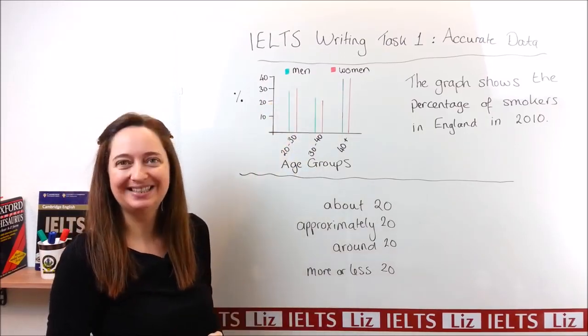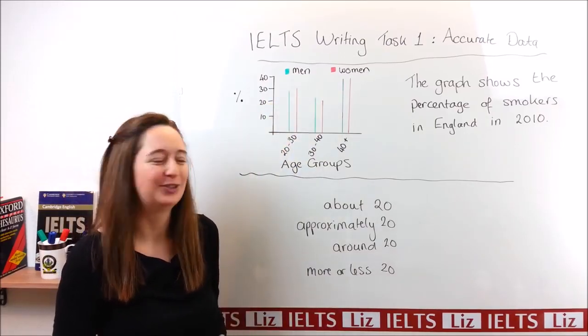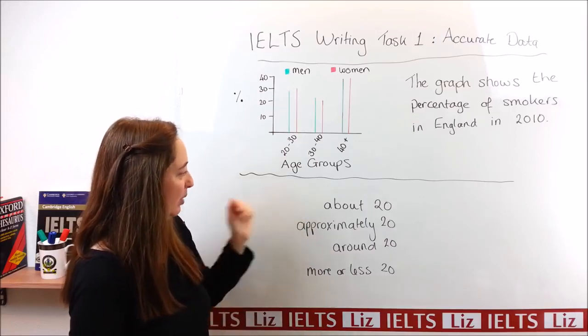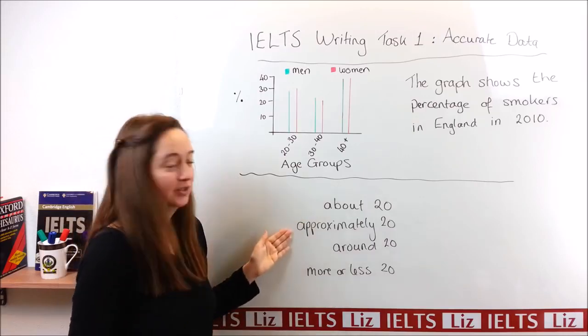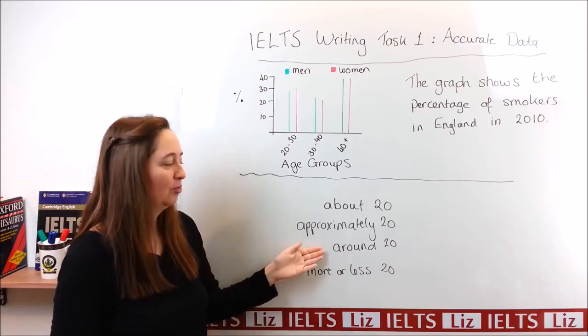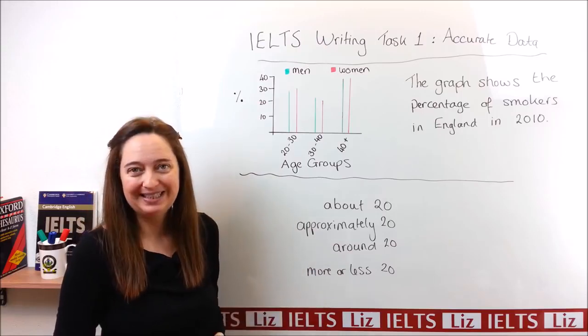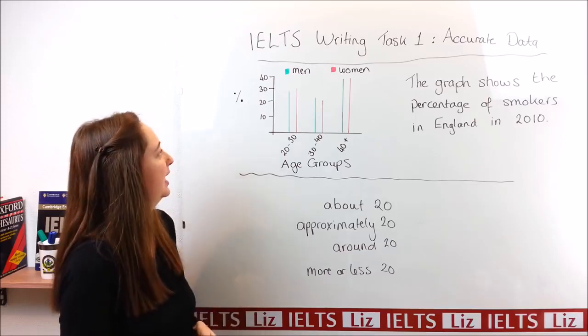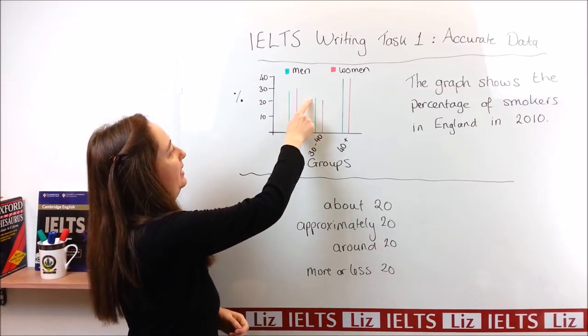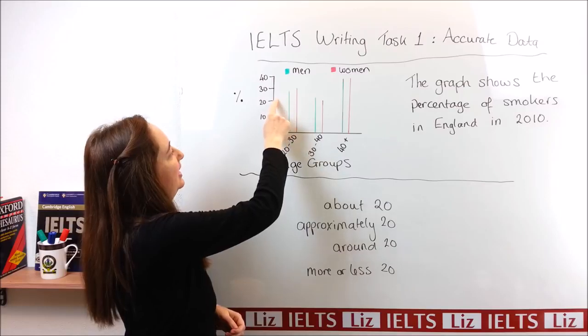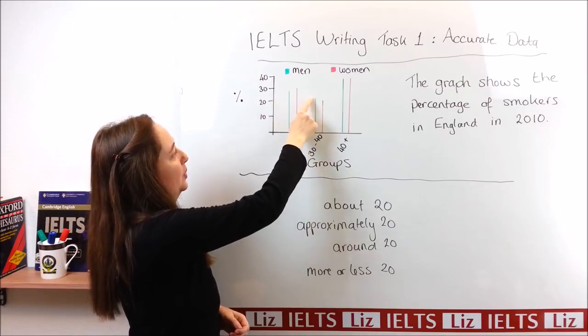We're not sure exactly if it's accurate or not. So we could say about 20, approximately 20, around 20, or more or less 20. And if we look at the figures for men, you will see that it's actually a little bit over 20.